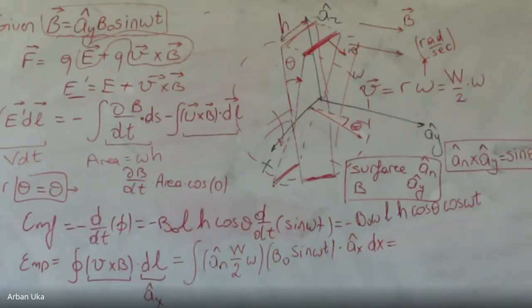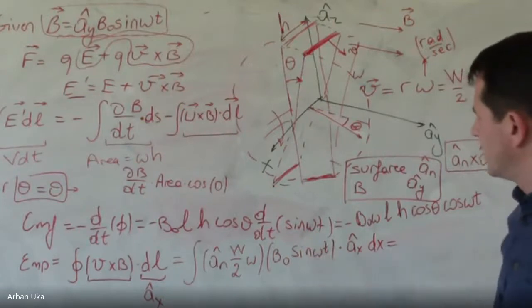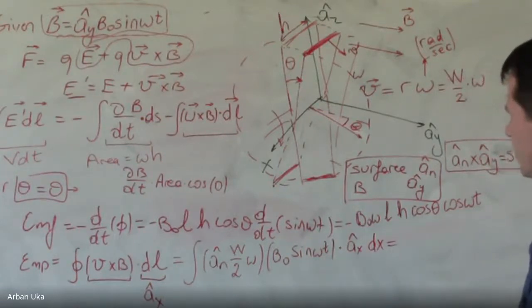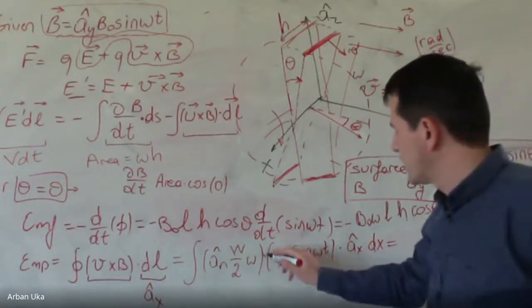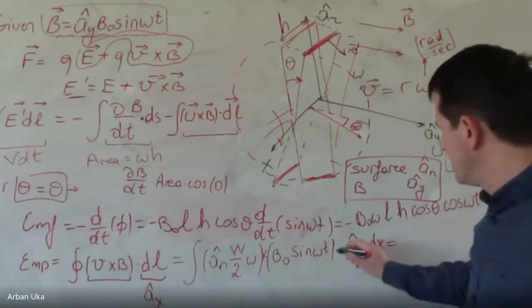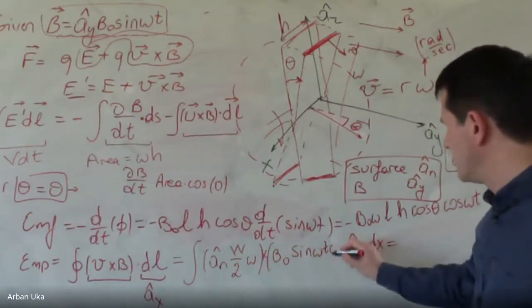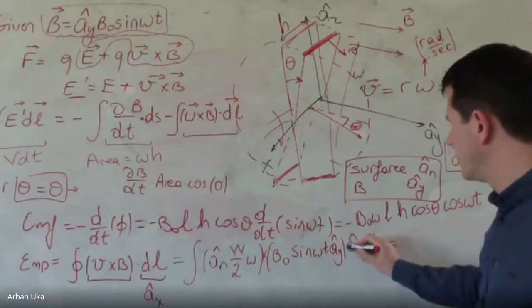And then finally, when we take the cross product here we should also have the AY, which is the direction of the magnetic field.